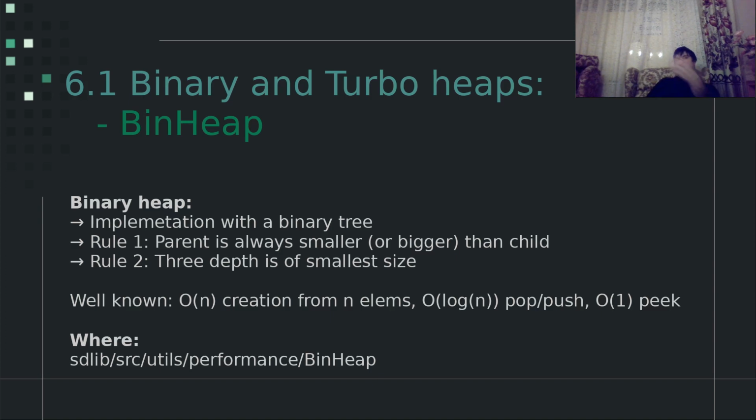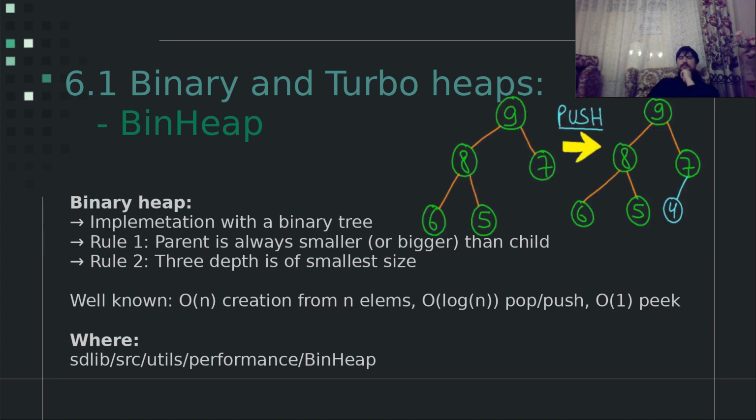So we actually implemented this in the code base. It's in the bin heap place. If you are not familiar with it, this is how it looks if you conceptualize it. As you can see, for every element, the parent is bigger because here it's a max heap. But other than that, there is not much ordering to this.